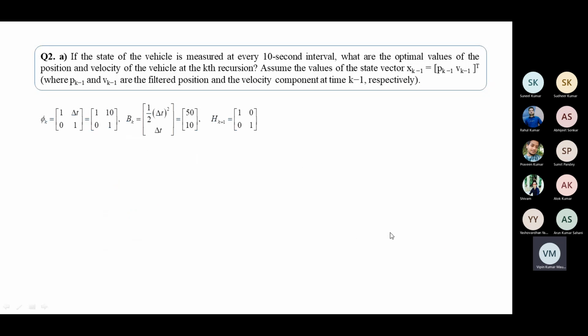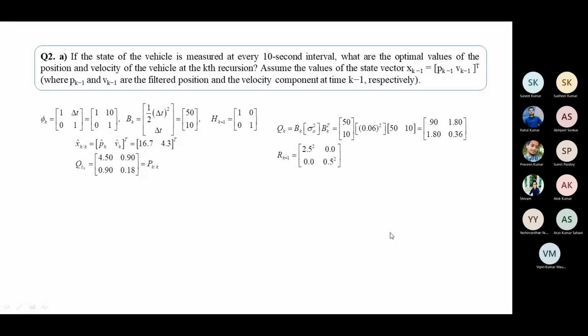So we have extracted the phi k, bk, and hk. We are given the initial values xk by k, qxk. We can compute the covariance matrix for the system noise. It is given here, and now we can see in the last case it was rk plus 1 equal to 1, because it was given for a single observation, so it was the single value 1.